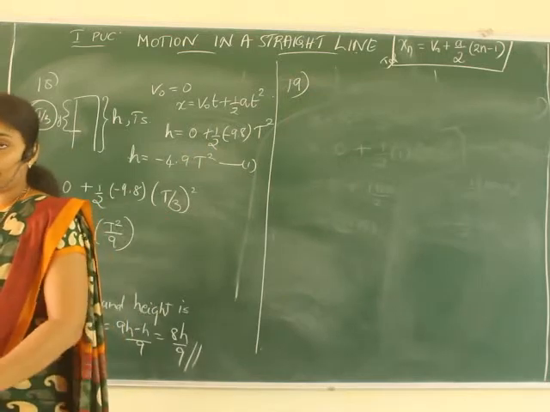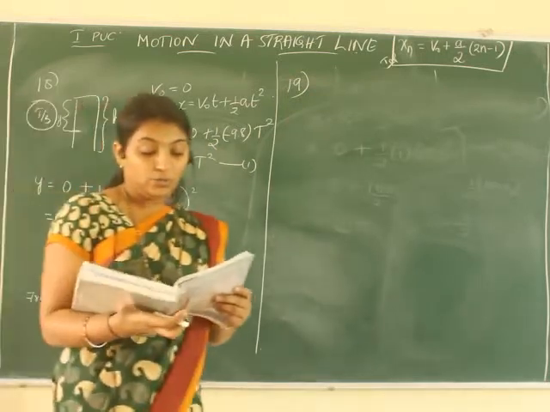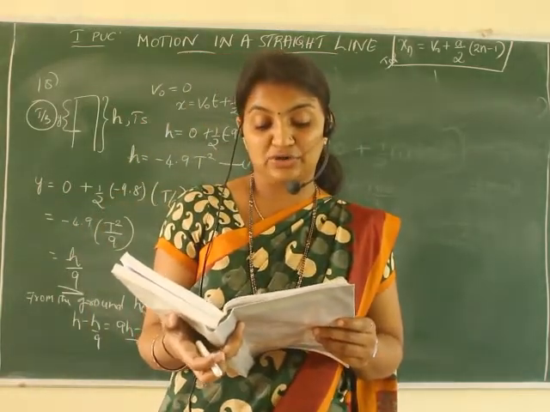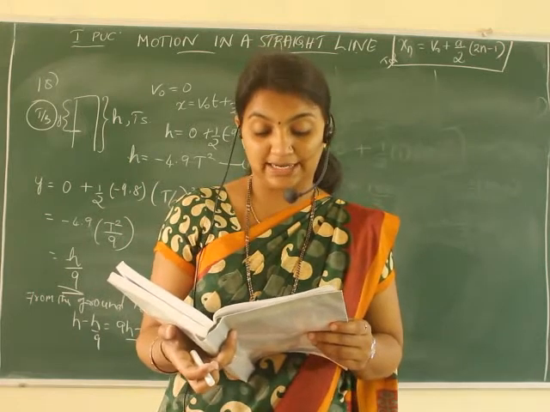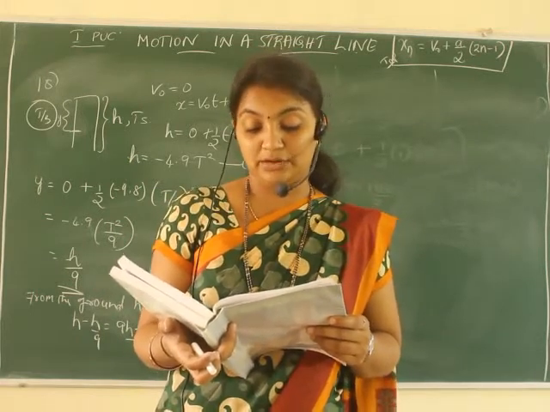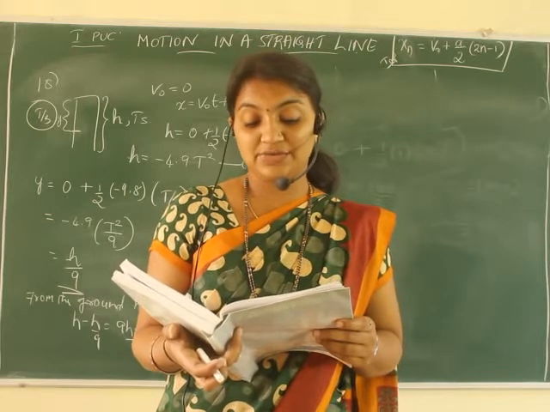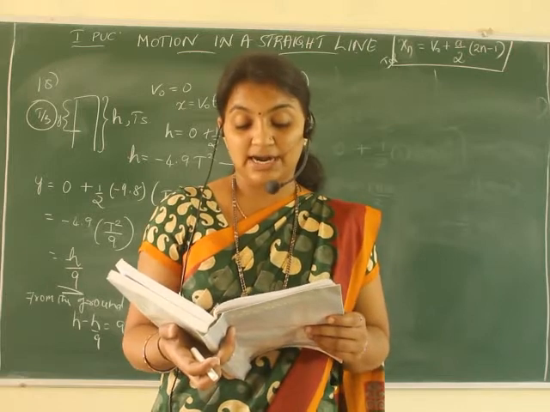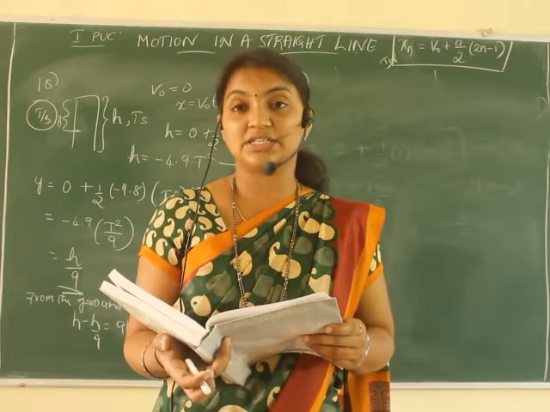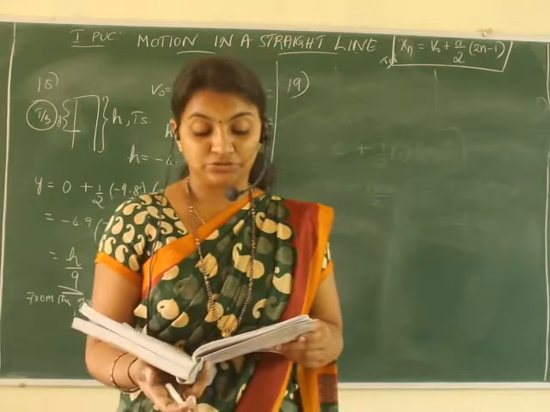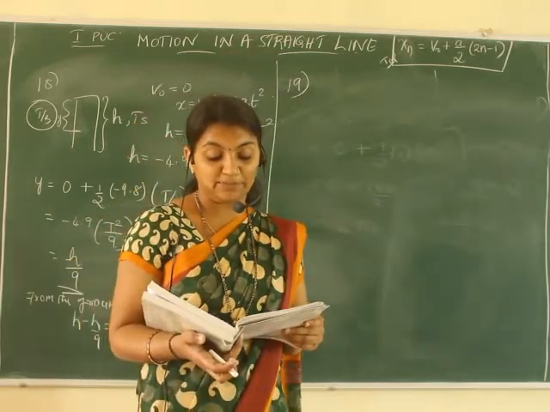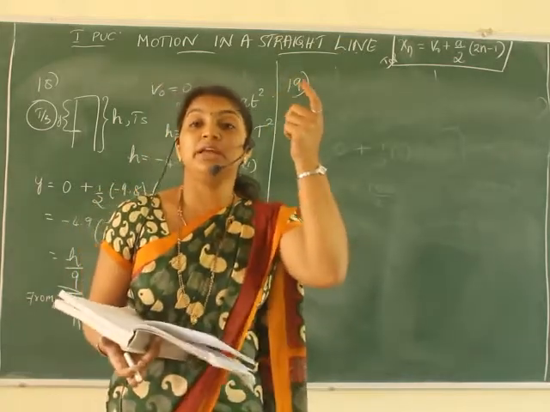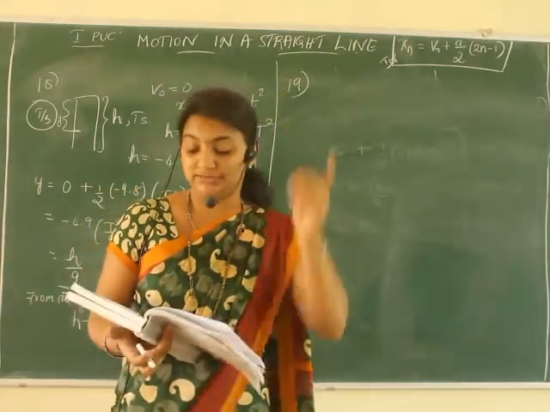A stone is projected vertically up from the top of a tower at a velocity of 9.8 meter per second. It reaches the foot of the building in 4 seconds. What is the height of the tower and the velocity of the stone when it reaches the ground? A stone is projected vertically up from the top of it. So standing on the top of the tower, he is throwing the stone upwards. Okay.